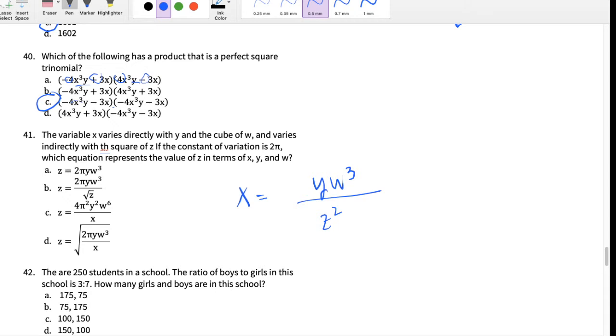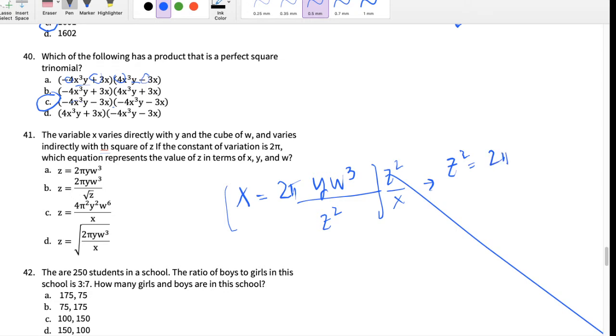Constant of variation is 2 pi. Okay? To get z squared, multiply both sides by z squared and divide both sides by x. Okay? Para ma-isolate natin. We will get z squared is equal to 2 pi y w cubed over x. Square root both sides, we will get z is equal to square root of this one. Okay? So the answer is, ito lang rin yan. Letter D.